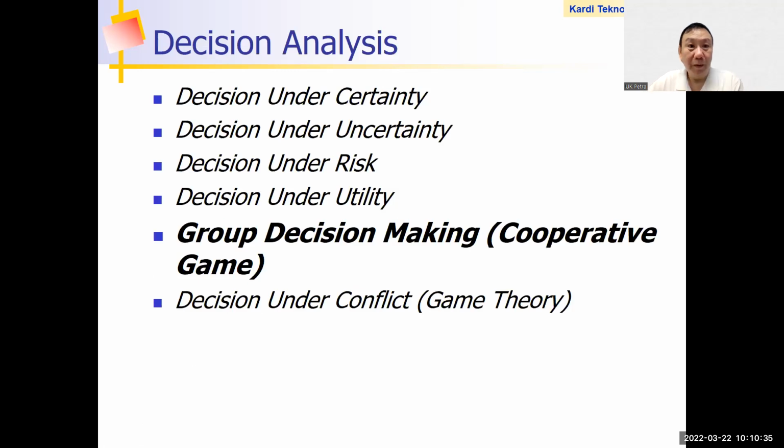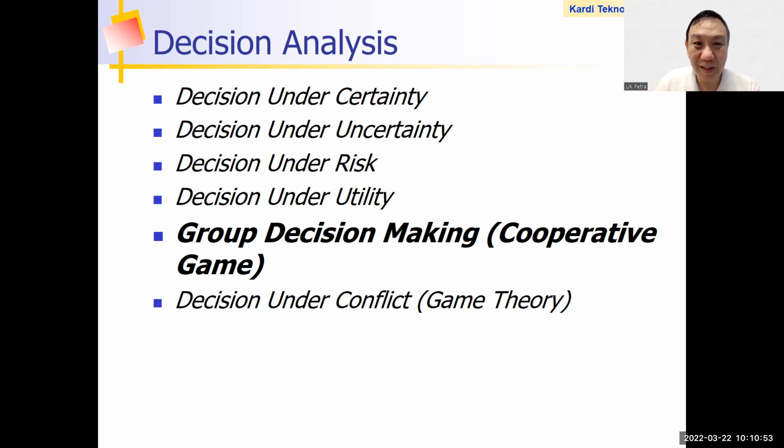Okay, let's start. This is what we have discussed so far, right? We have decision under uncertainty, under certainty, under risk, under utility. Up to this point, what you have learned is actually only individual decision against nature.